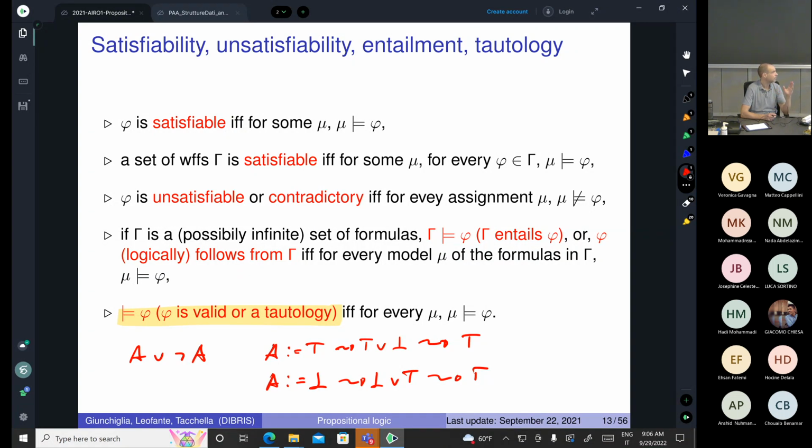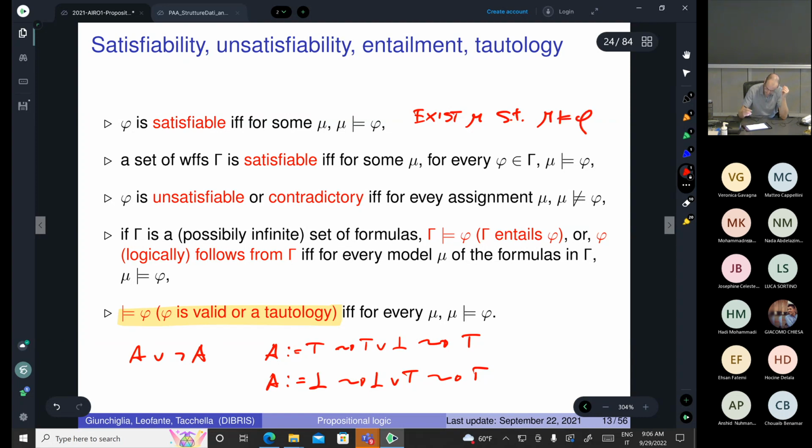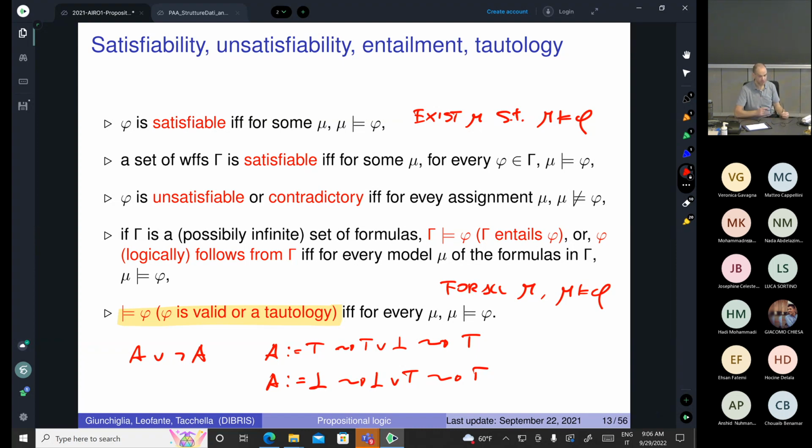So satisfiability is there exists an assignment, and this one is for all. So here we have an implicit existential quantification, and here we have an implicit universal quantification.